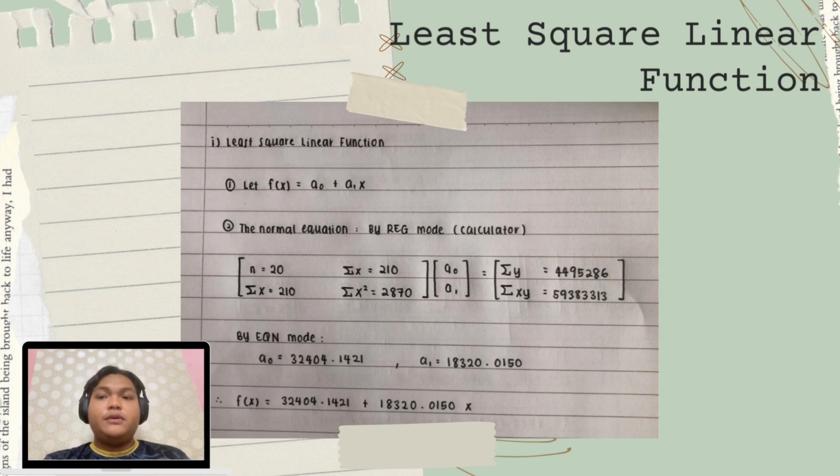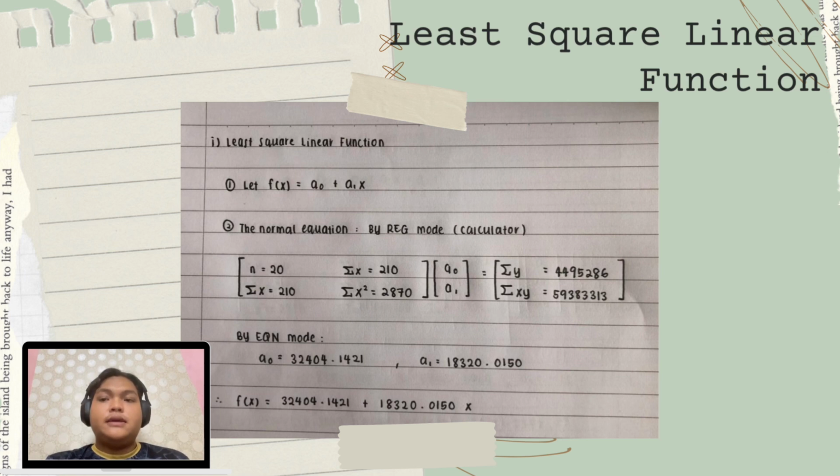So the second step, we must find the normal equation, and by the REG mode in the calculator, we can find the n, the summation of x square, summation of y, and summation of xy. And from the REG mode, we can find the a0 and a1 by EQN mode in the calculator.